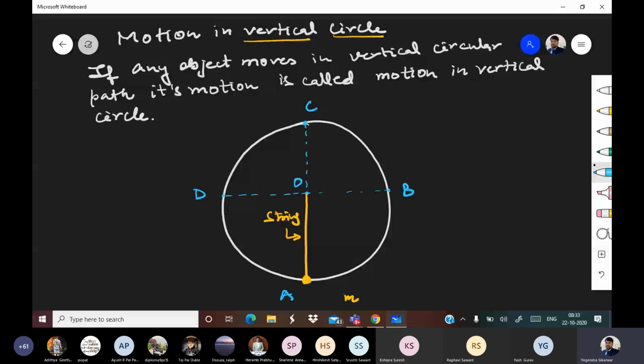An object of mass m is tied to a string of length L and it can move on a circular path of radius L.